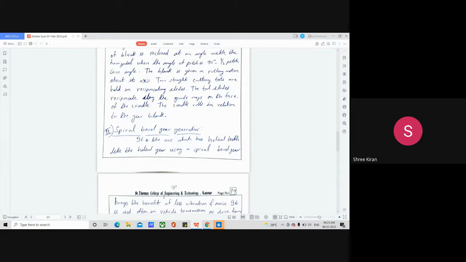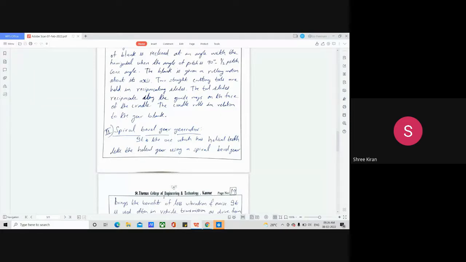We will always be using a spiral bevel gear, which brings the benefit of less vibration and noise.